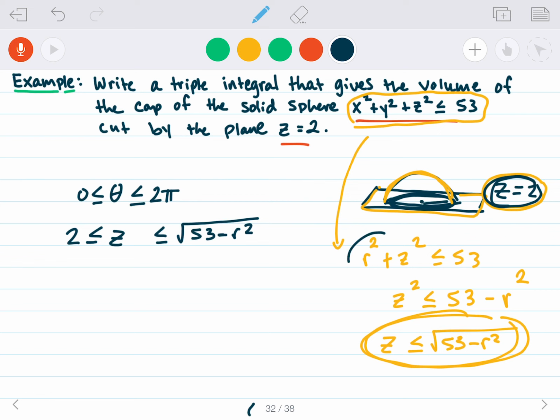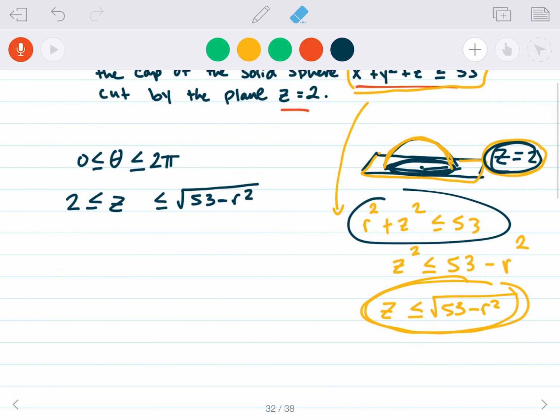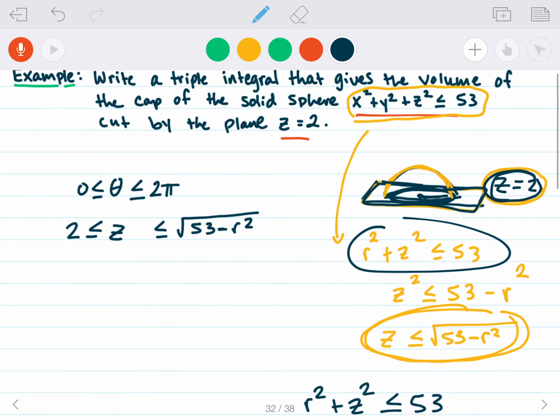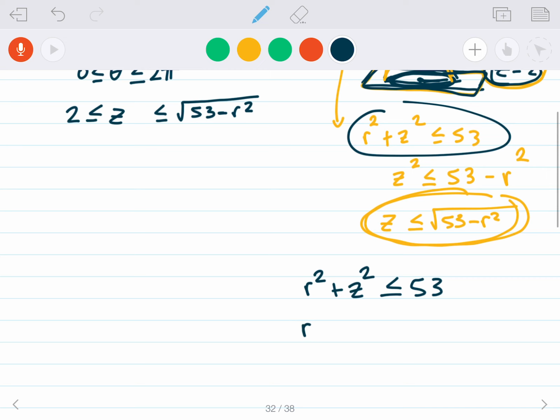And so what I have here is r squared plus z squared is less than or equal to 53. And I want to figure out what the radius is. Where is the radius going to vary? Well, it's going to depend on z equals 2, right? That's going to give me my radius. So if I plug in z equals 2, I get r squared plus 2 squared less than or equal to 53.